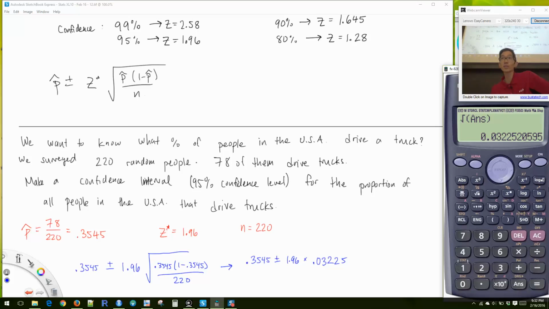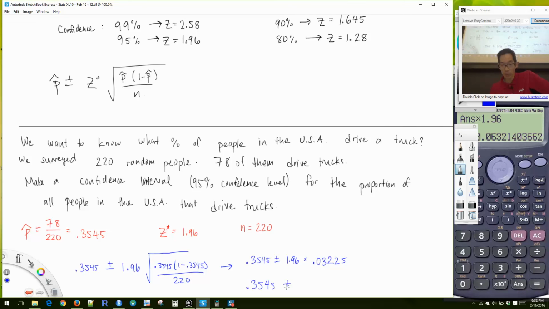So far so good? All right, I'm going to multiply this number by 1.96. So I'm just doing answer times, again, because I don't feel like typing these numbers out. I hit times 1.96 and I hit equals, and I get 0.0632.